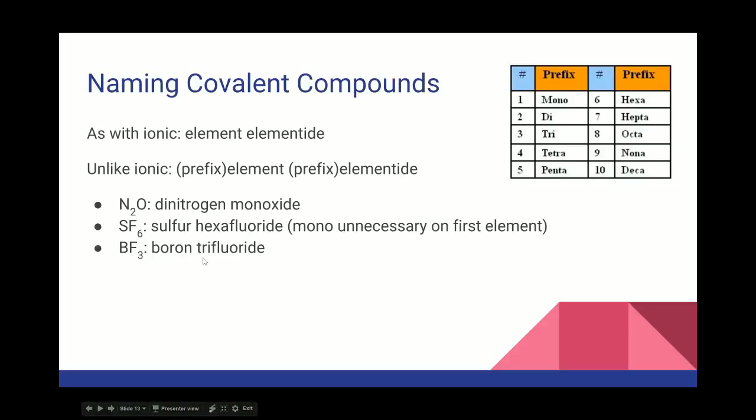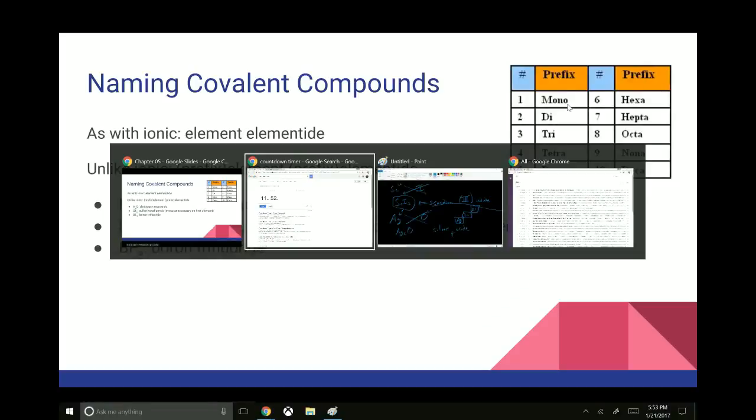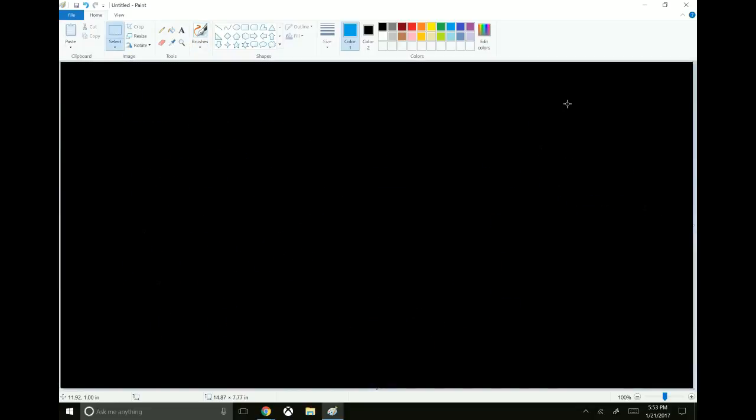Now, another exception is that we tend to drop the final vowel of the prefix if we're looking at oxygen. So, if you're looking at, say, N2O4, then that is dinitrogen.